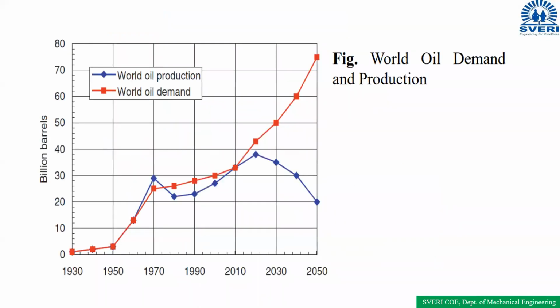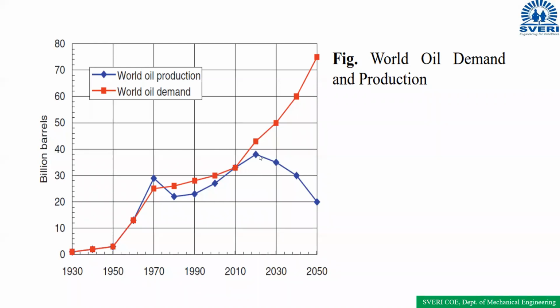And this is the graph I am showing. Some research has been done. The red line indicates the demand for fuel, and the green line indicates the fuel availability.